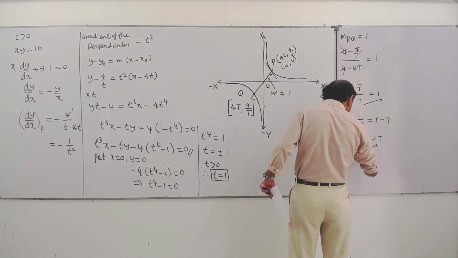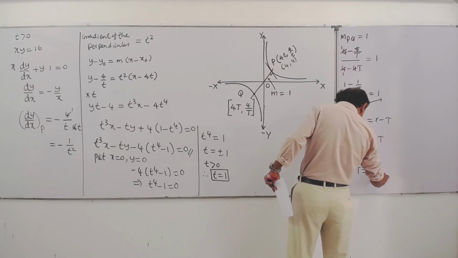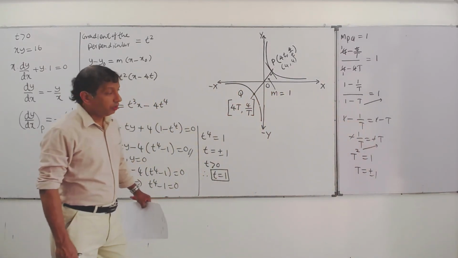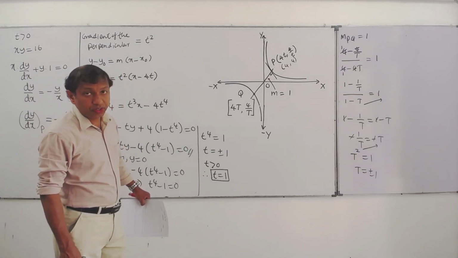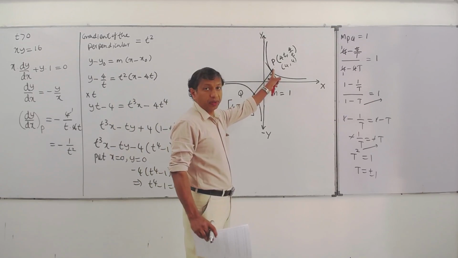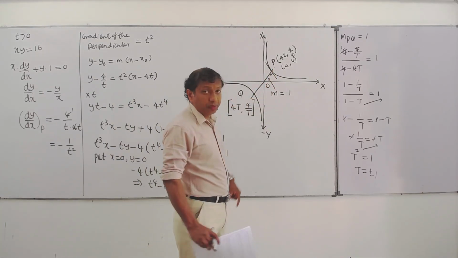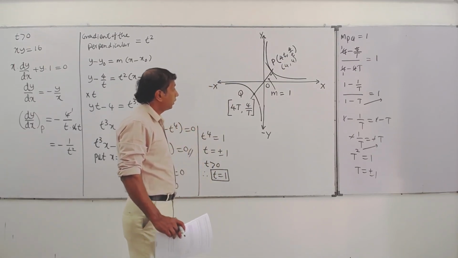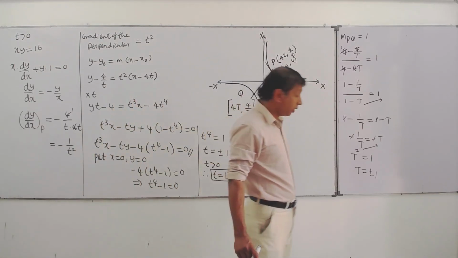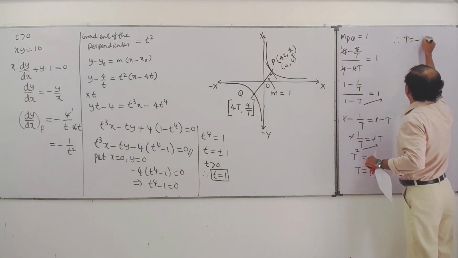Use cross multiplication: t squared equals 1. t equals plus or minus 1. Definitely t equals plus 1 is not possible because t equals plus 1 corresponds to the point P. Therefore, t should be minus 1. That's also true because Q is in the what quadrant? Third quadrant. In the third quadrant, both x and y should be negative. Therefore, t must be negative. Therefore, we select t as negative 1.